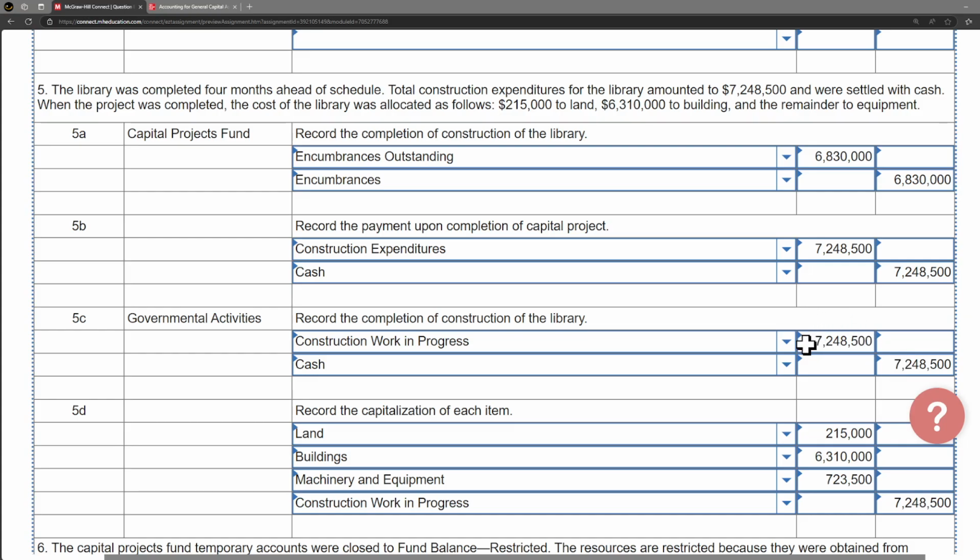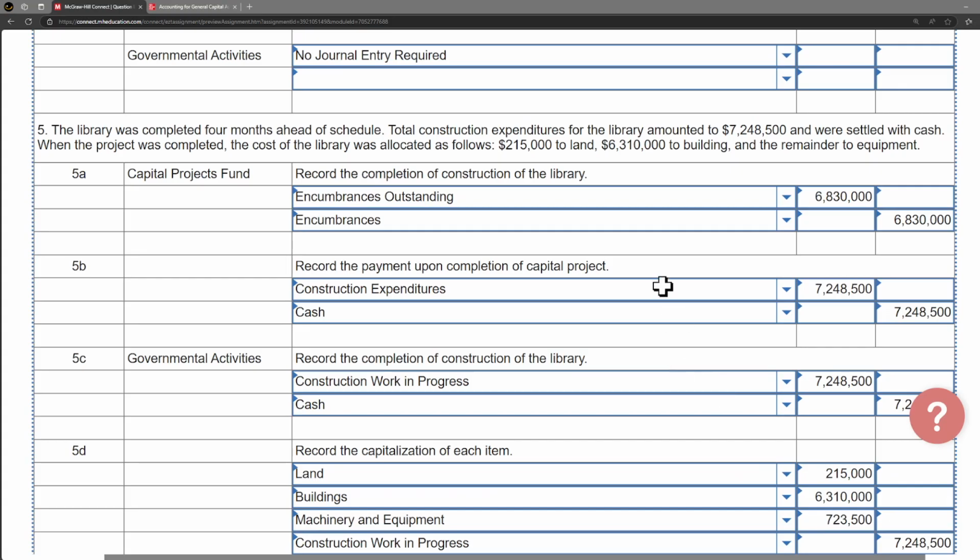That is a work in progress asset. Now, when we get ready to complete it, we're going to take that total amount in the work in progress account, and we're going to convert it into actual assets that we put on the balance sheet. And it says here, $215 to land, $6.31 to the building, and the balance to machinery and equipment. So that's the long-term assets, or just long-term assets here, that we used on the governmental activities.